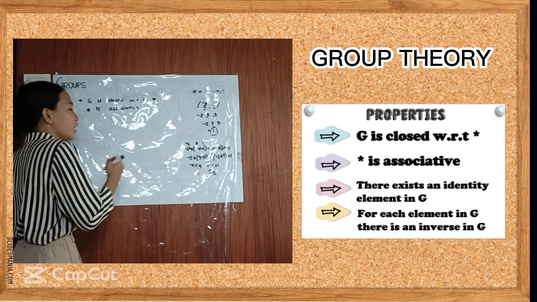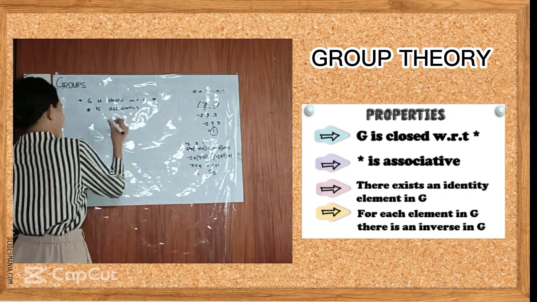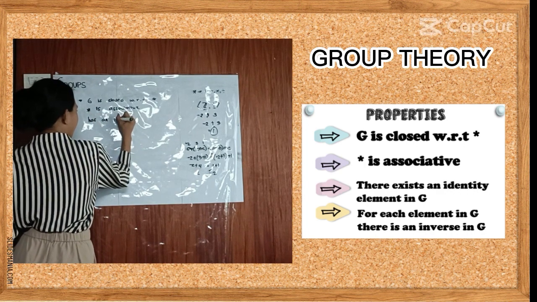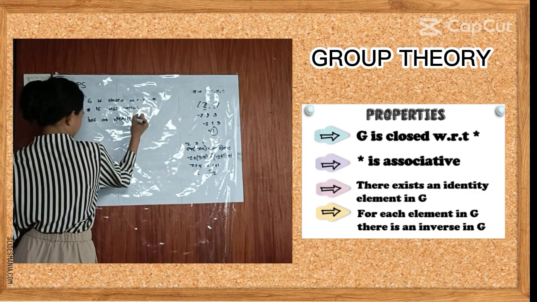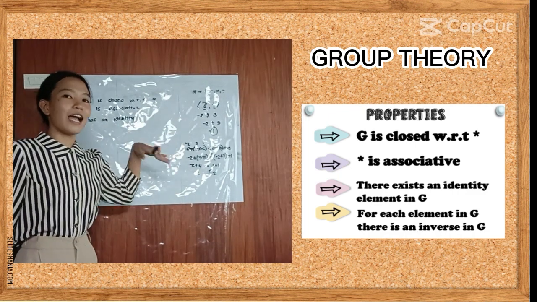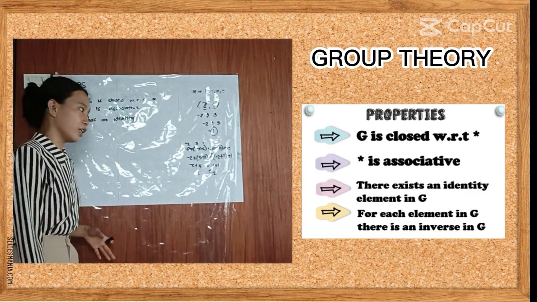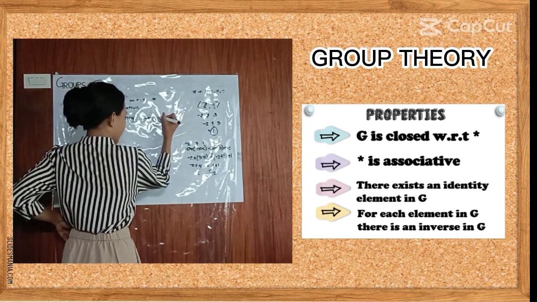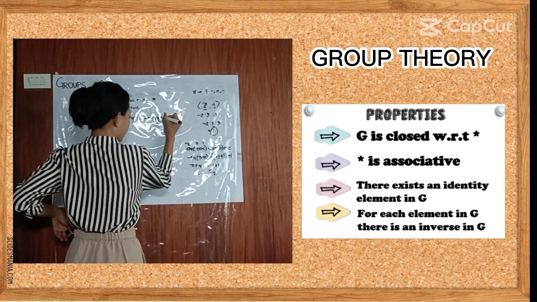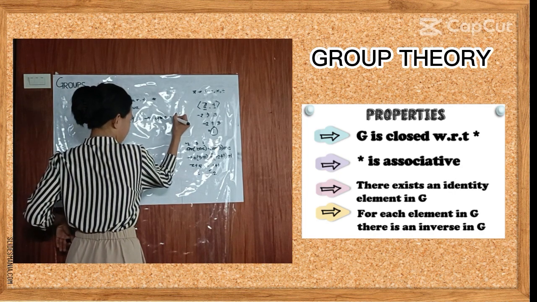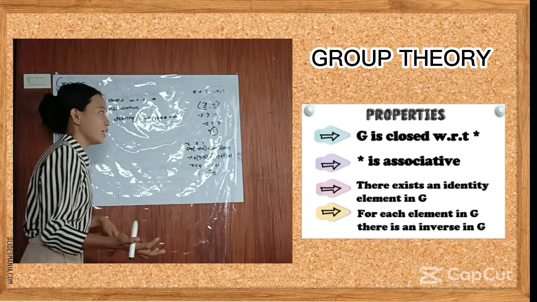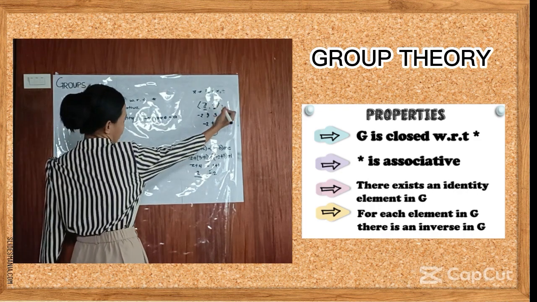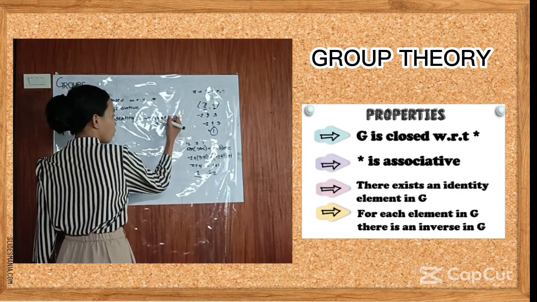Next property, it should have an identity. What is the identity of the integers? Our formula for this is that A star E is equal to A. What is the identity of the integers under addition? What is the identity of 2?